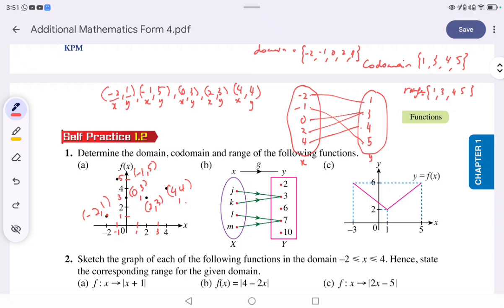Okay, let's see for B. What is your domain, codomain, and range? Your x numbers all become your domain. Domain: J, K, L, M. You just write down like this.